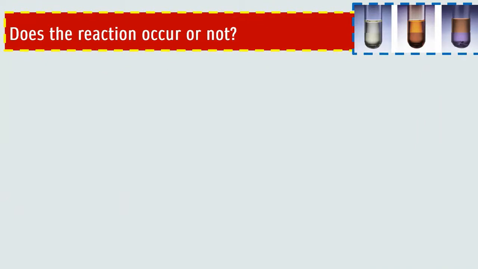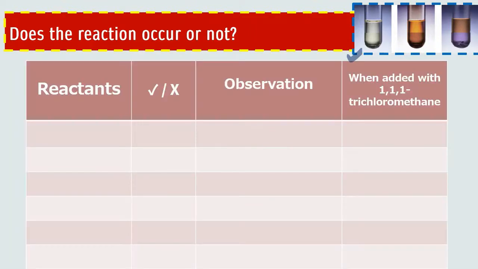Now, by referring to the diagram of colors of halogens in water and in 1,1,1-trichloromethane, let us predict whether the reaction occurs or not in the table below. The first reactants are bromine water and potassium chloride.